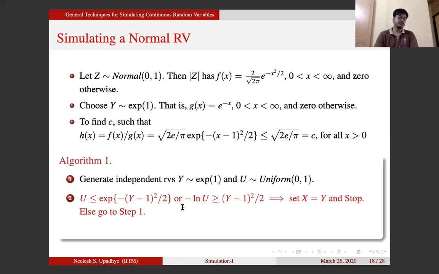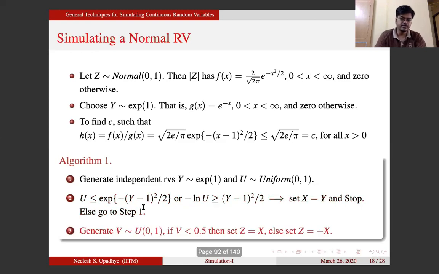We have already done this exercise when we generated an integer valued random variable coming from a discrete uniform distribution when we simulated random permutations. So a similar thing we will do. We will generate another random variable U, which has uniform 0, 1 distribution.